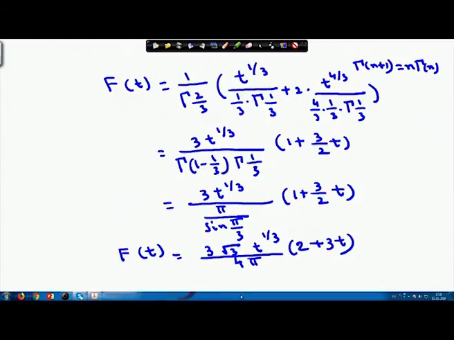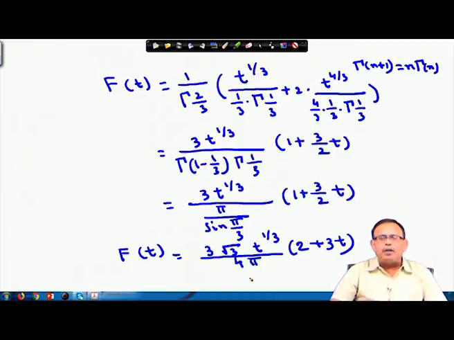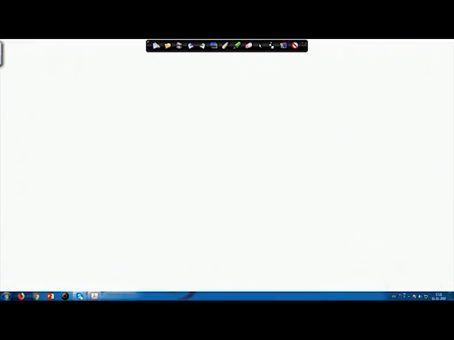So, ultimately the value of f(t) becomes 3 root 3 into t to the power 1/3 by 4 pi into (2 plus 3t). As we have observed, in this way, if we have integral equations, then always we can find out the solution of integral equations using the Laplace transform.